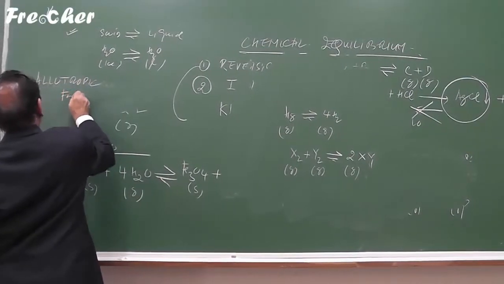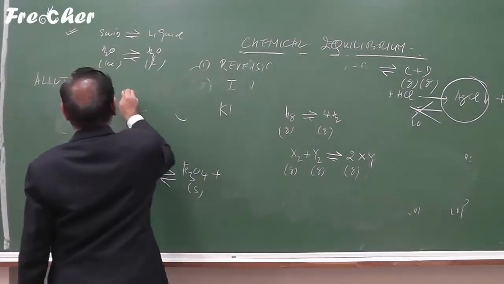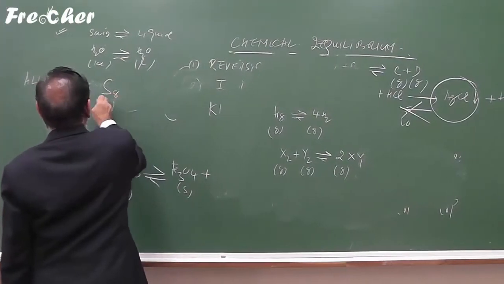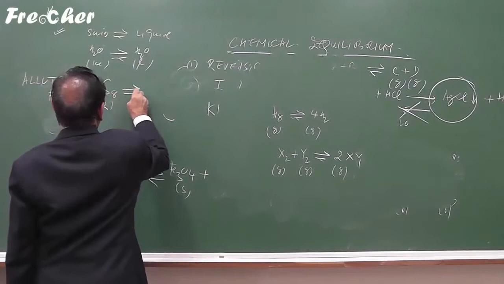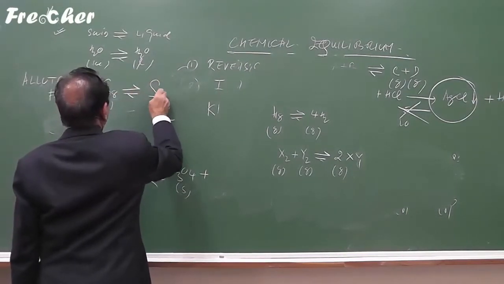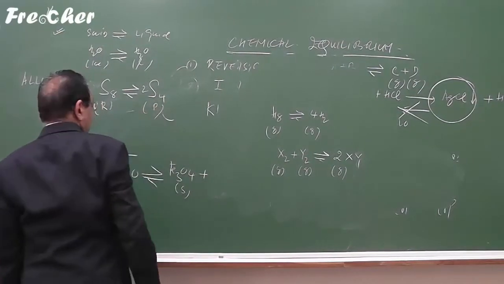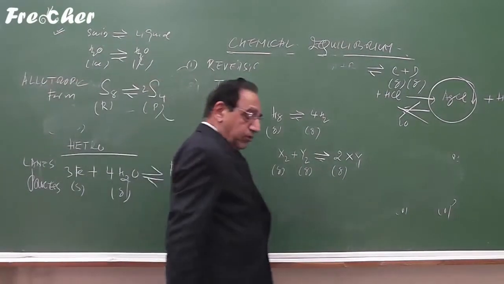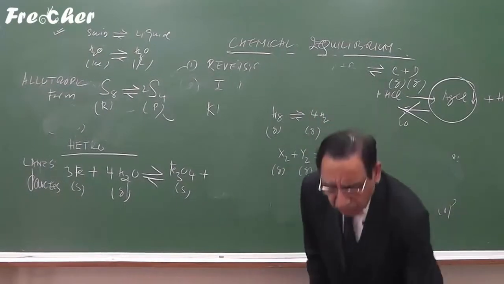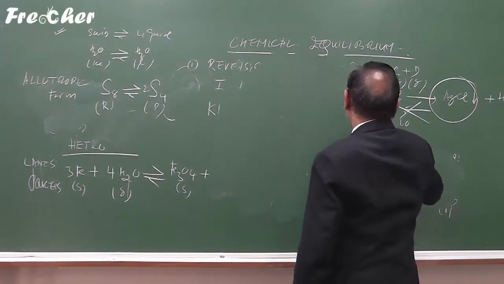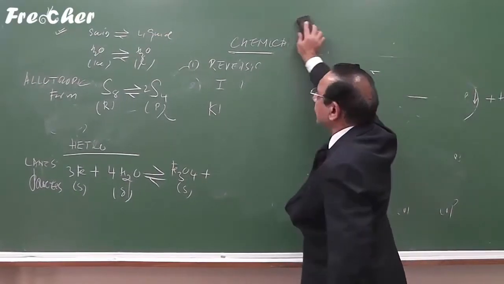We may give you sulfur rhombic in equilibrium with any other form, sulfur monoclinic. So it can be any allotropic form, it can be solid with liquid, it can be gas with gas, or anything can be given. You have to simply look at your reaction.